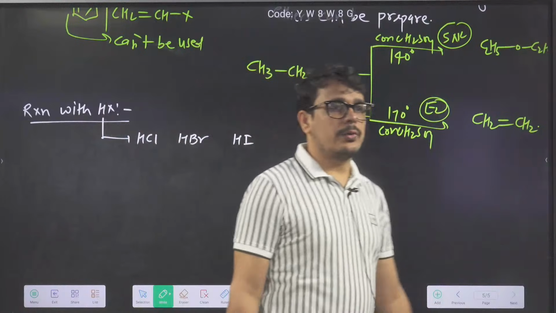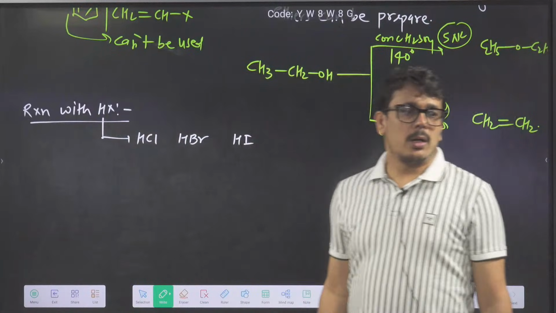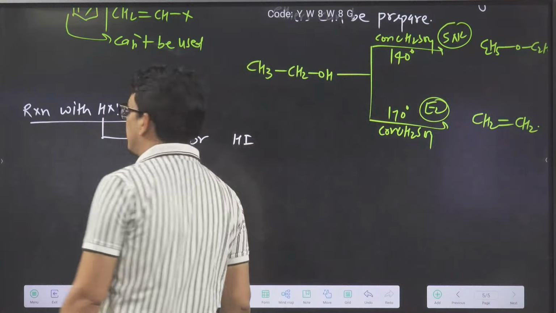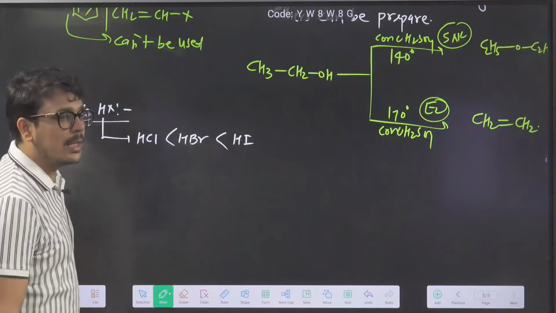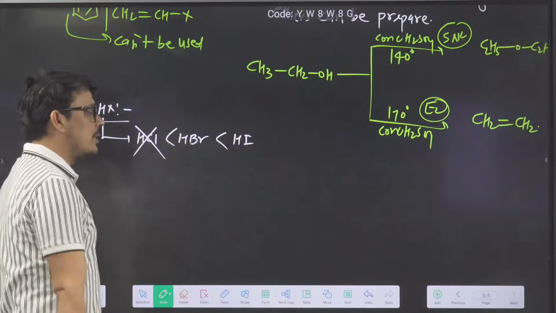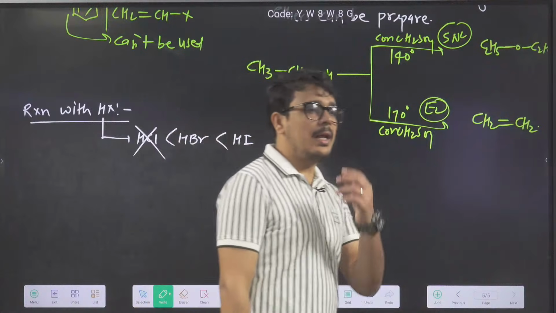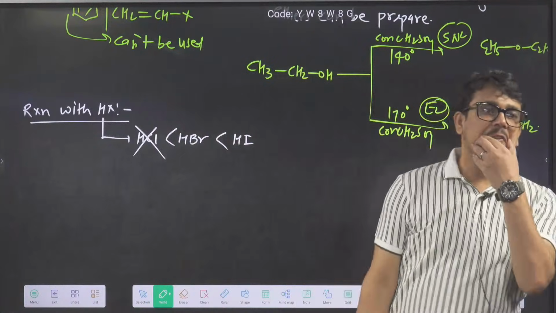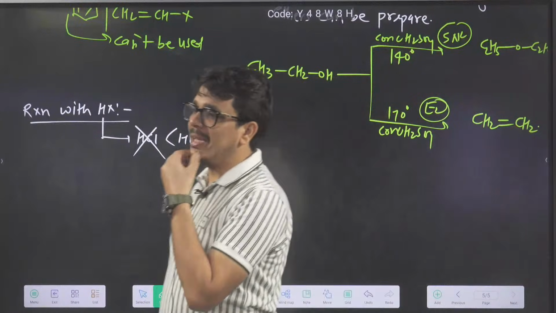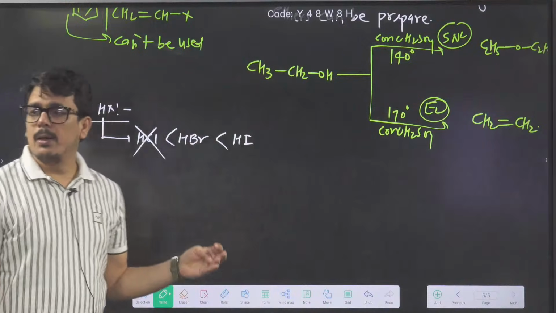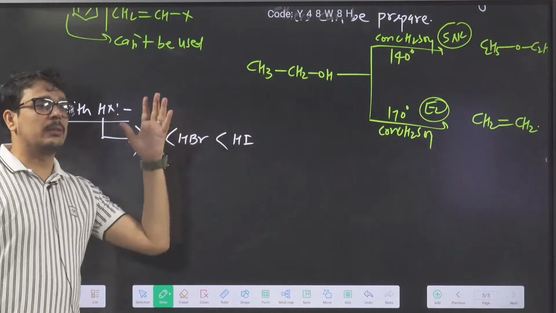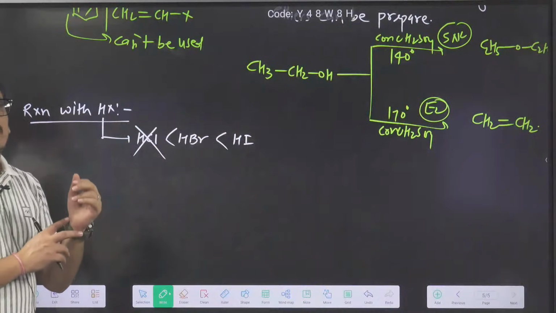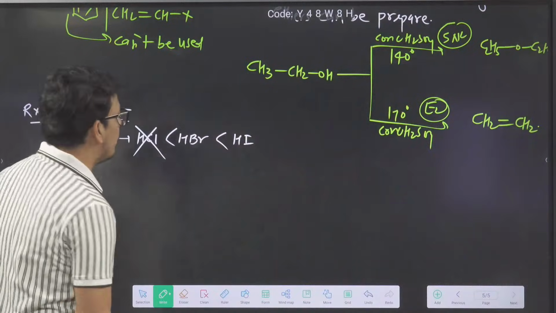Order of rate of reaction: fastest will be HI, then HBr, and then HCl. In NCERT they said that HCl is difficult to react. So either HBr or HI, and in most of the reactions you find HI.